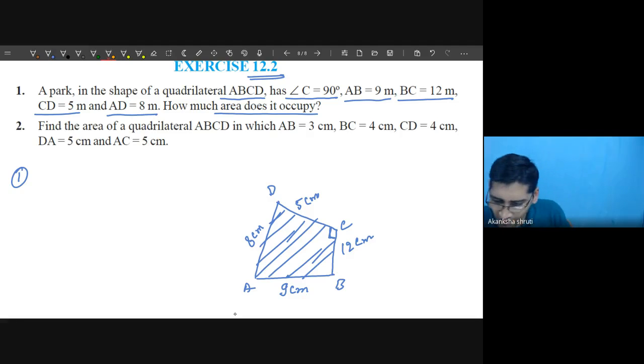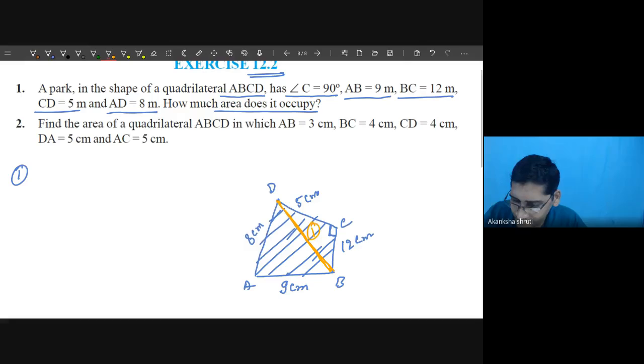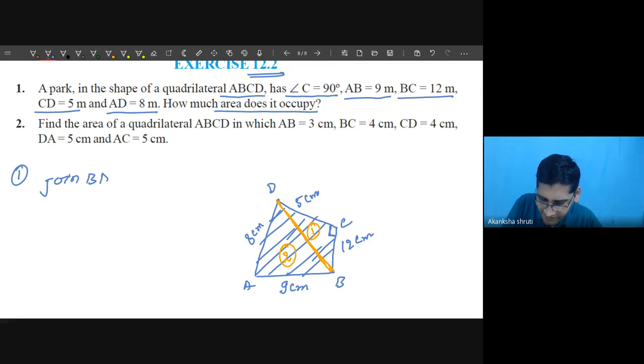So first you need to join B to D. After joining B to D, this quadrilateral gets converted into 2 triangles: one is the triangle BCD and another is the triangle ABD. So by adding the area of these 2 triangles, we can get the area of the quadrilateral.